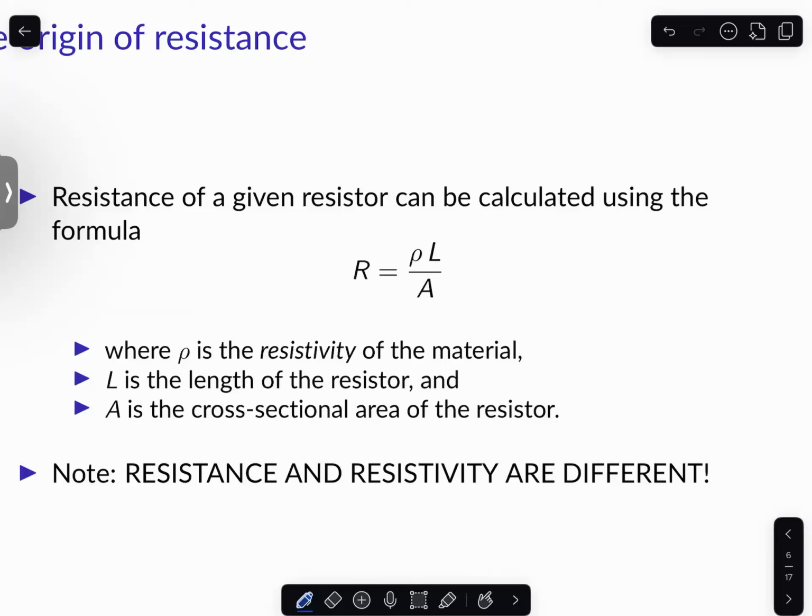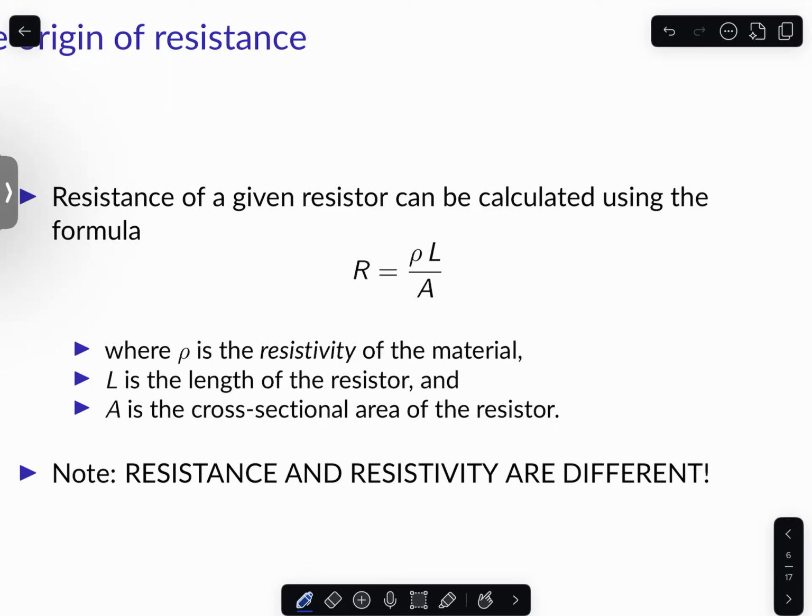So the resistance of a given resistor depends on the material and the size and shape. The material constant is called rho, and it doesn't depend on anything except temperature, but I'm not going into that in this class. We're not calculating the change in resistivity.